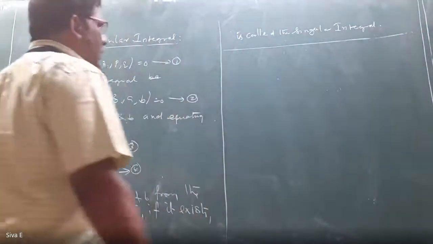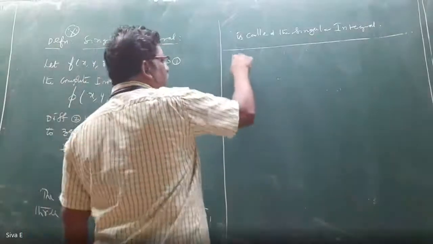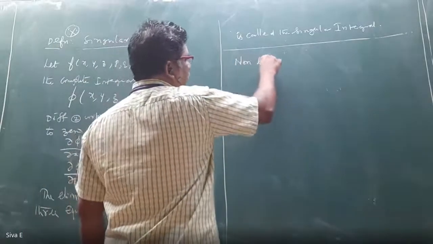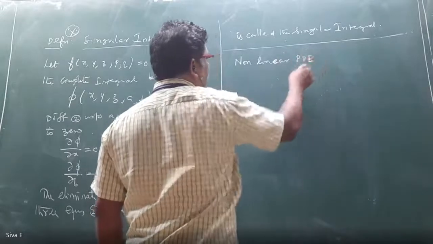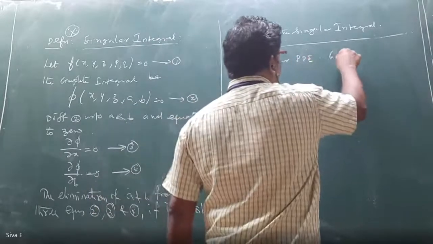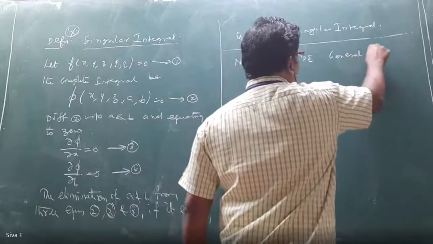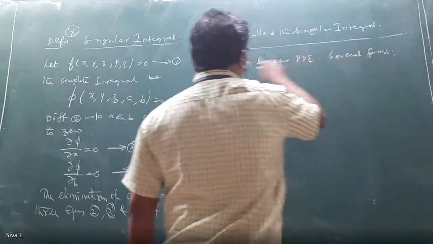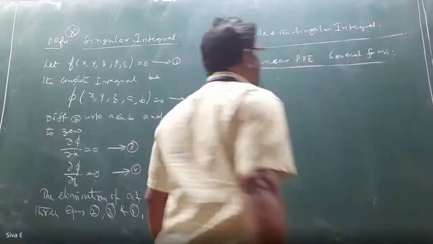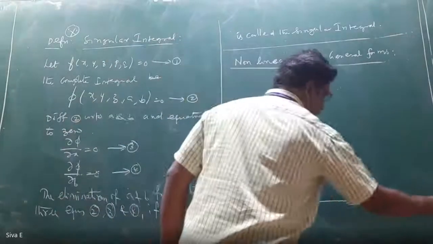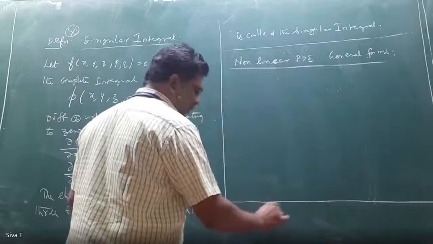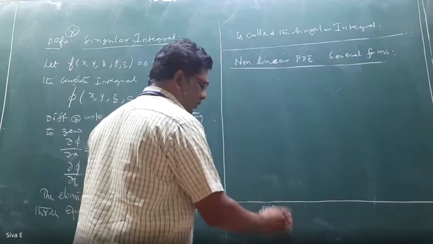So what is called the non-linear PDE? Non-linear PDE, general forms. First of all, what is a non-linear PDE? Linear PDE, we know that p plus q equal to 0 or p plus q equal to z.